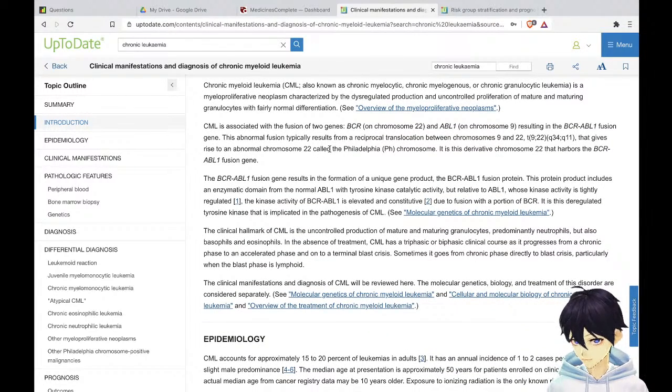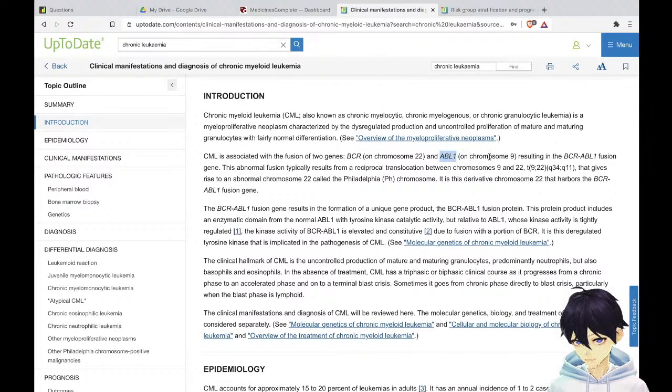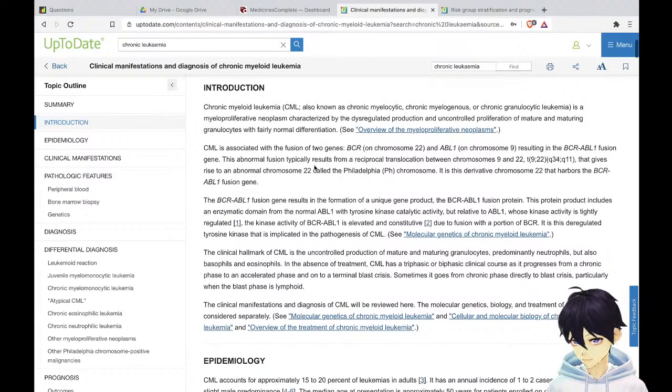CML is associated with the fusion of two genes, BCR on chromosome 22 and ABL on chromosome 9, resulting in a BCR-ABL fusion gene. This abnormal fusion typically results from reciprocal translocation between chromosomes 9 and 22 that gives rise to the abnormal chromosome 22 called the Philadelphia chromosome.